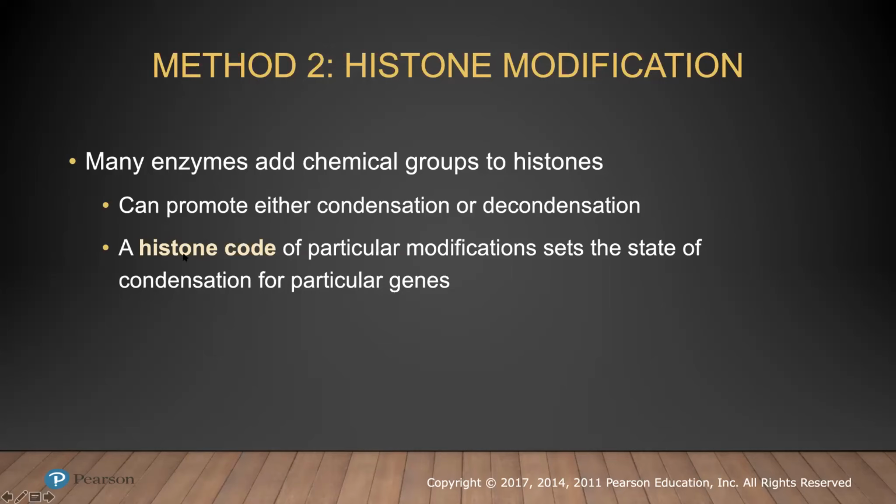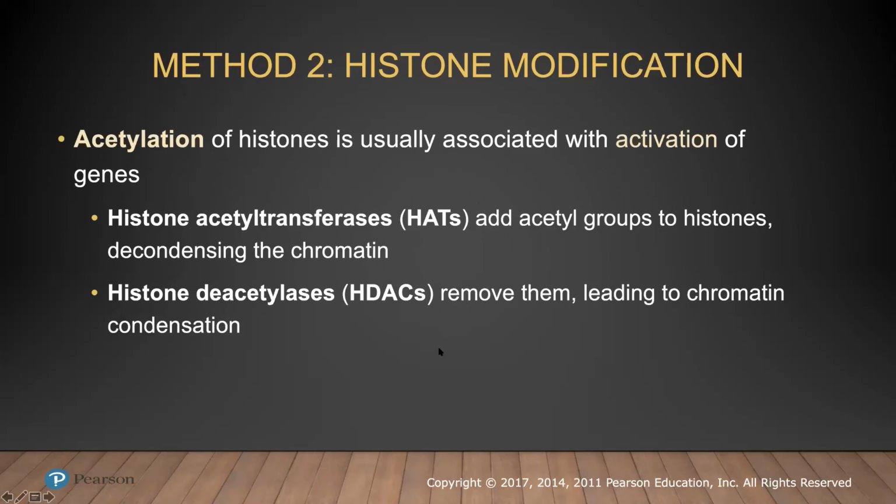All right. And so a histone code of particular modifications will then set how tightly that chromatin is going to be condensed for a particular gene. So let's look at what some of these modifications are. The main one is acetylation of histones.